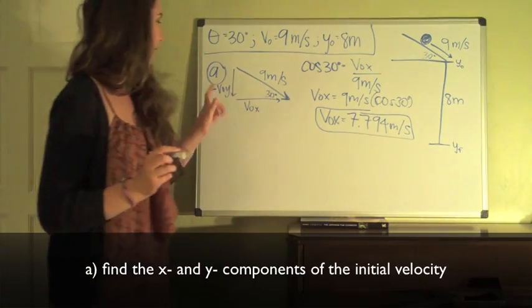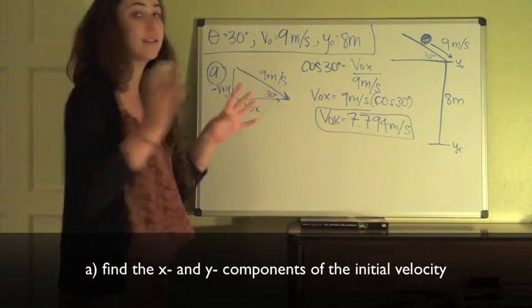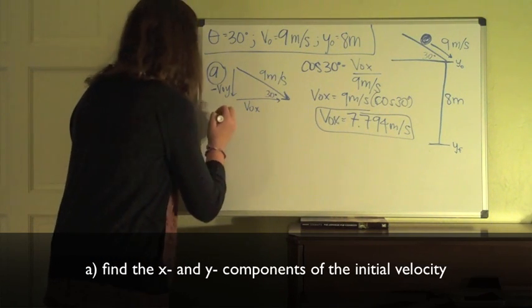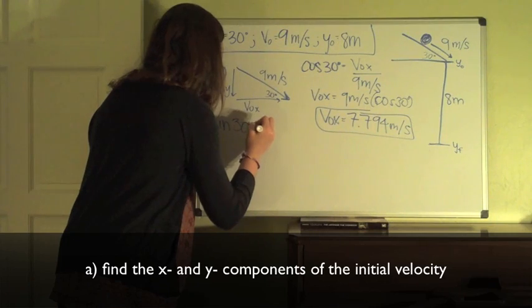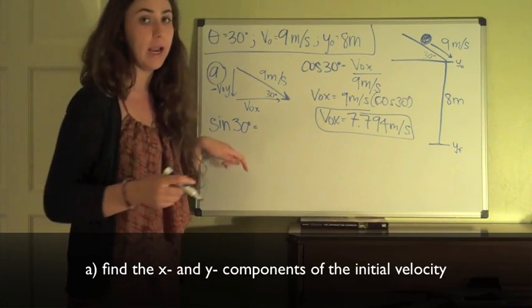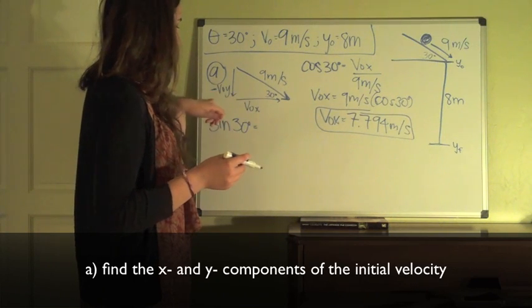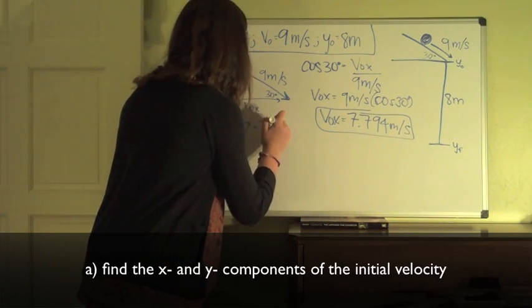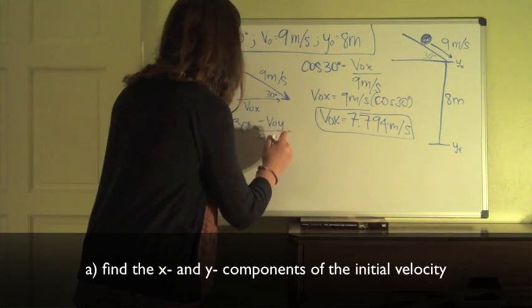And then to find v0y, we're going to do the exact same thing, but instead with sine. Sine of 30 degrees is equal to opposite over hypotenuse. The opposite value to this angle is negative v0y, and our hypotenuse is 9 meters per second.